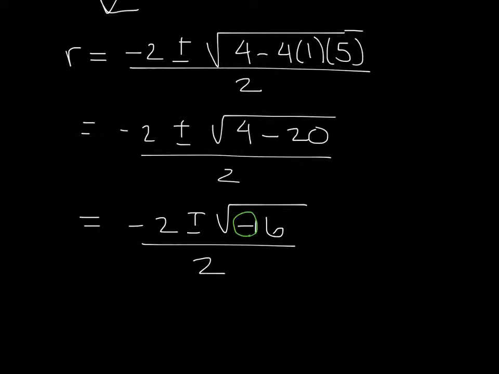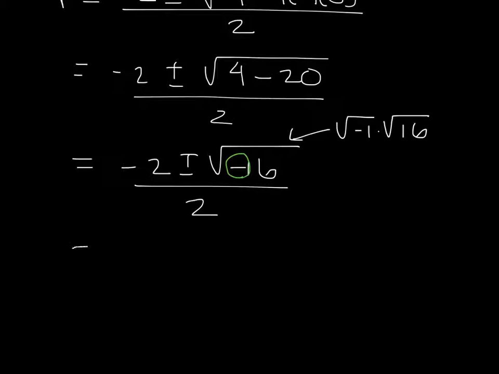That's going to be an imaginary number, right? This guy, remember, is really the square root of negative 1 times the square root of 16. Well, that just gives us negative 2 plus or minus 4i. Right, there's our imaginary part.